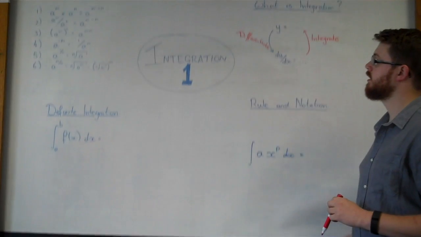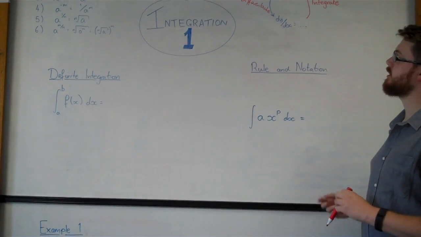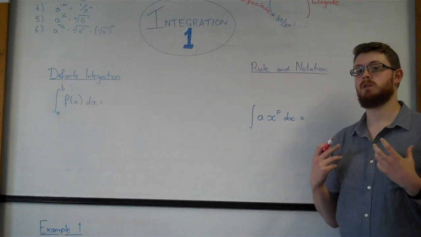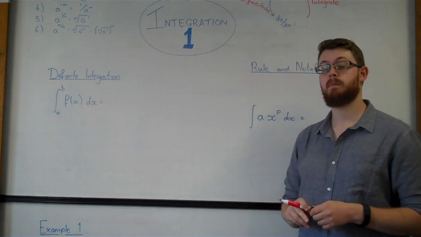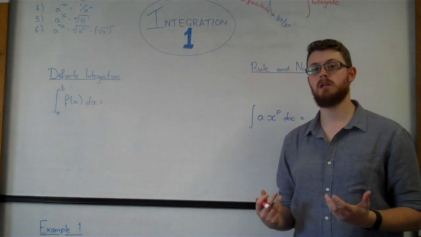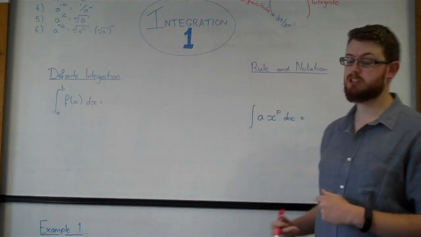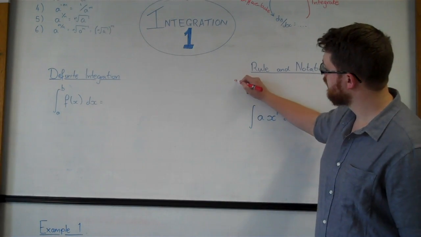So, our rule for differentiation was multiply by the power, reduce the power by 1. If we're doing it backwards, we need to reverse that set of operations.